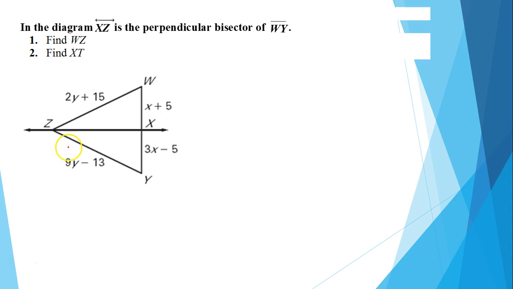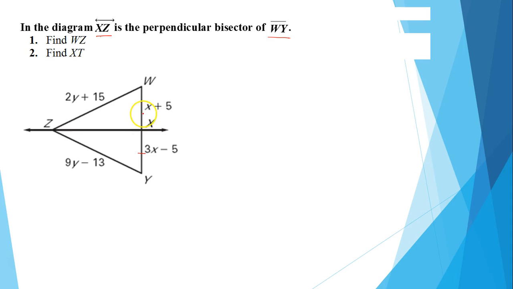Now this next problem is something from section 5.2. We're dealing with perpendicular bisectors. So in this diagram, XZ is the perpendicular bisector of WY. Two things about perpendicular bisectors is they cut the segment that it's intersecting in half.